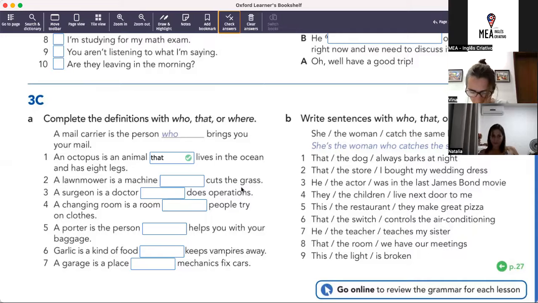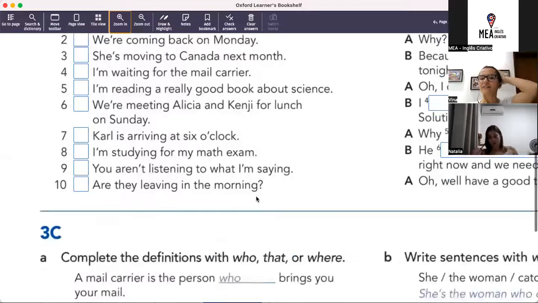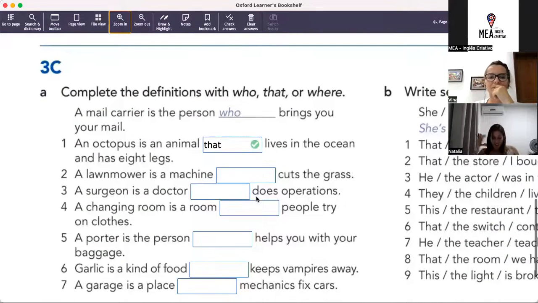Perfect. É um polvo. Ah, isso é um polvo. Octopus é um polvo. Ah, I don't understand Portuguese. Sorry. É esse seu vício, viu?